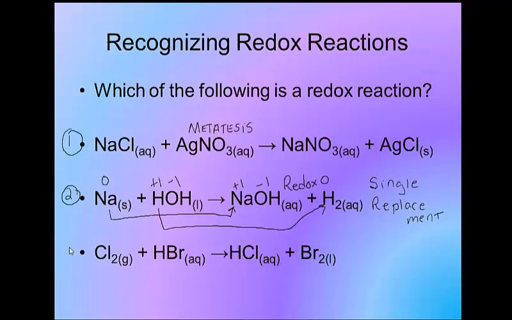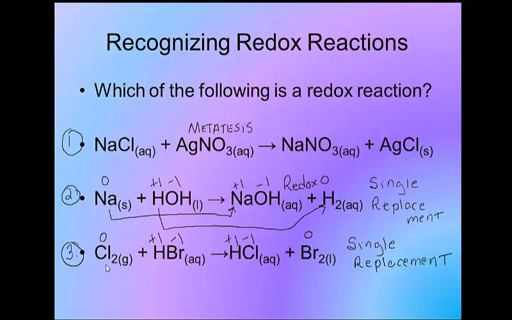Take a look at example number 3. This is not a metathesis. This is actually a halide replacement, a single replacement that comes under the category of halides. And I am going to check my work again, and again I will give you the rules in a moment. 0 for an oxidation state, +1, -1, +1, -1, and 0.